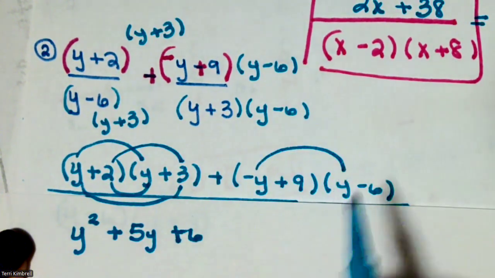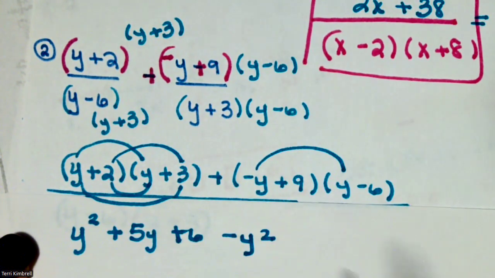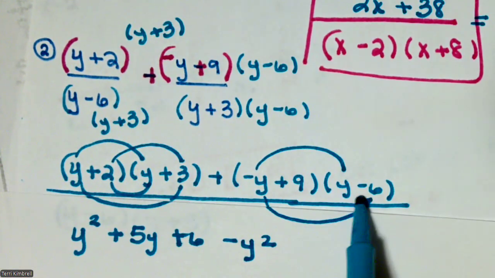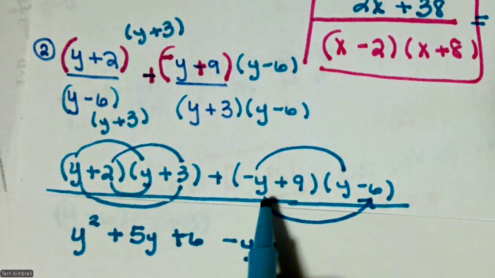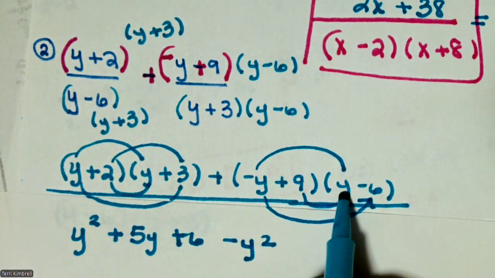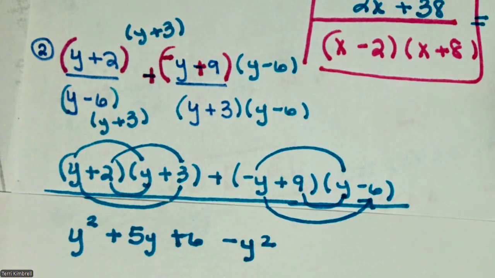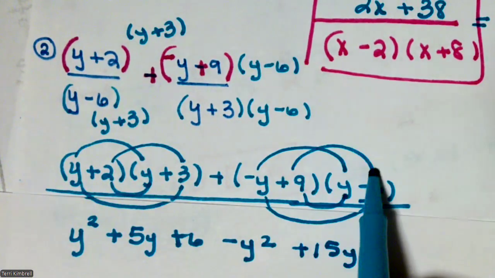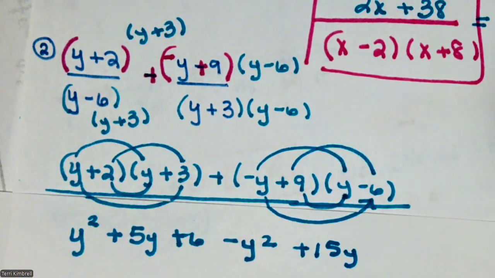Then we're going to get a negative y squared. That's going to be a positive 6, because a negative times a negative, and a positive 9. So then you're able to add those and get 15y. Then 9 times negative 6 is going to be negative 54.